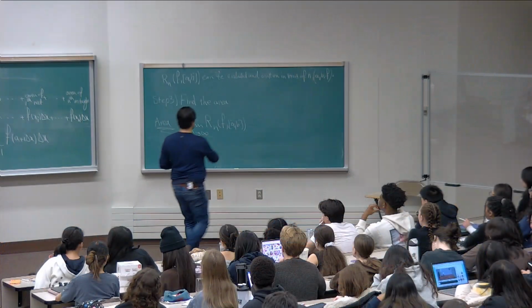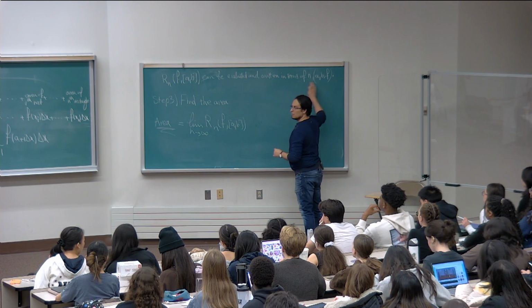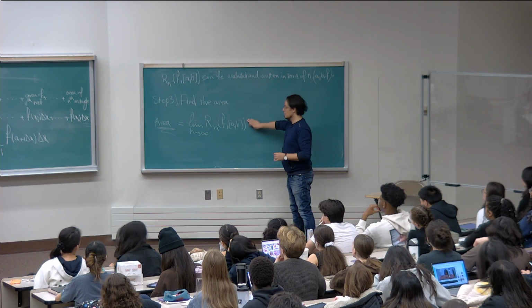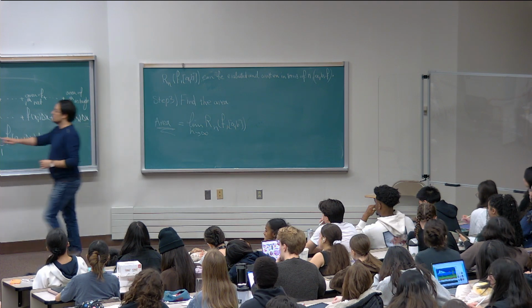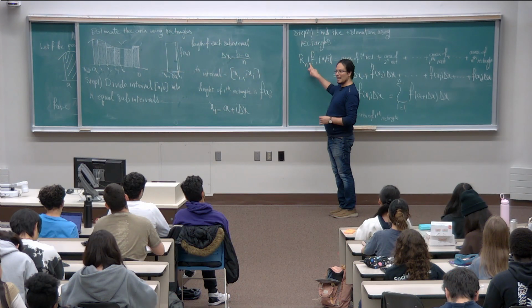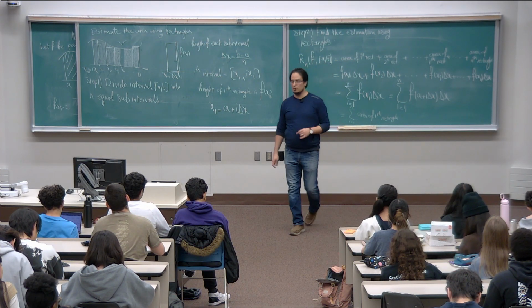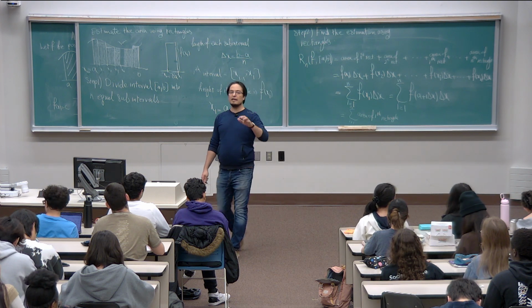You mean this guy or this? No, the one you pointed to. Here? This is a comma. Yeah, I'm using a comma here just to say that this is depending on f and the interval. Yes, no. Any other confusion point?